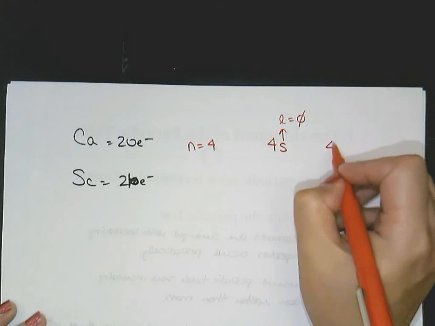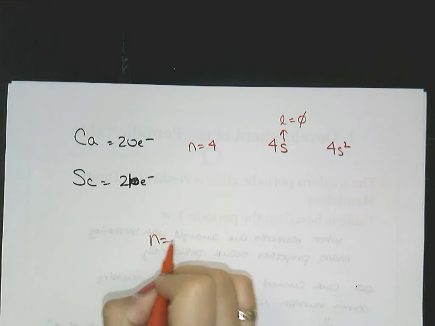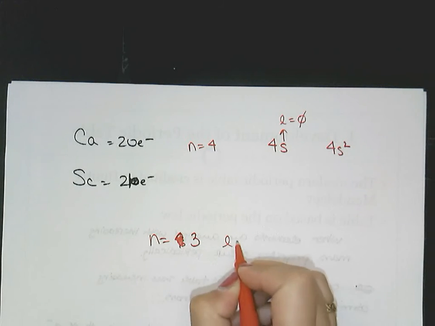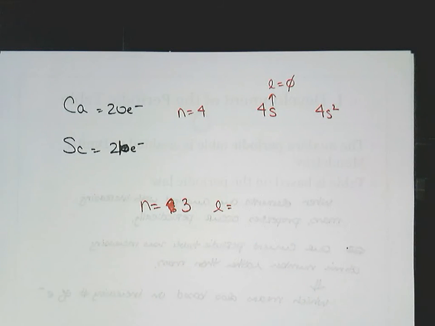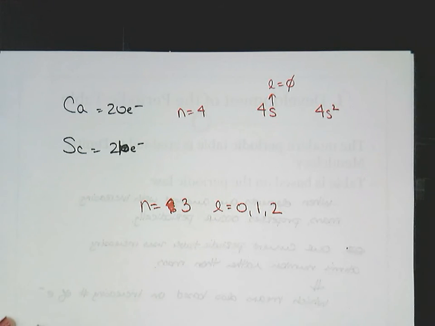If I look at scandium, 3p ends at argon. Right now I'm at 4s2. But if I have an n equal to 3, what are my values of l that are allowed? 2. Yep. If I have an l of 0, that's s. That's p.